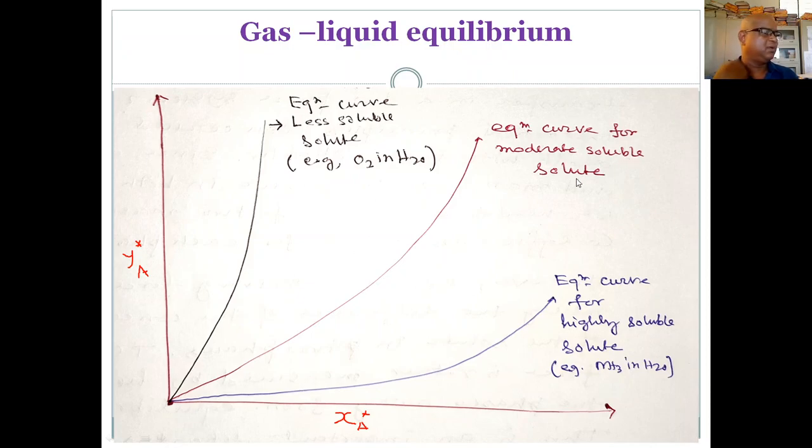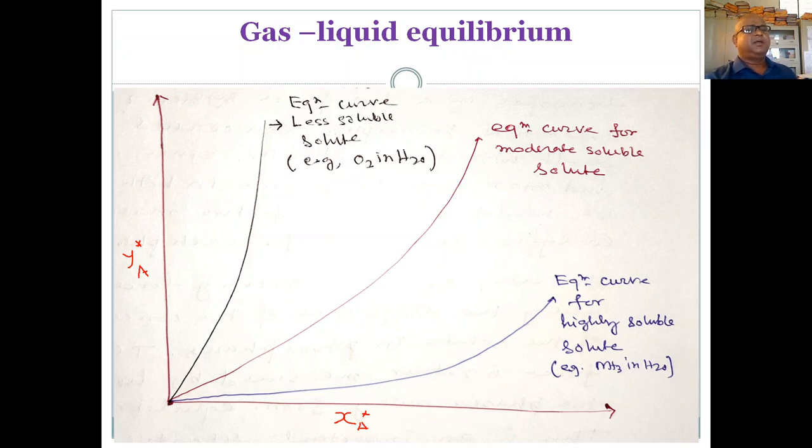Moderate solute means that at equilibrium, if the liquid phase is, let's say, 20%, the gas phase will be 30%, or if the liquid phase is 40%, the gas phase will be 60%, like this, moderately. So whatever the x value, the y value will be almost the same, and it will go a little bit like this.